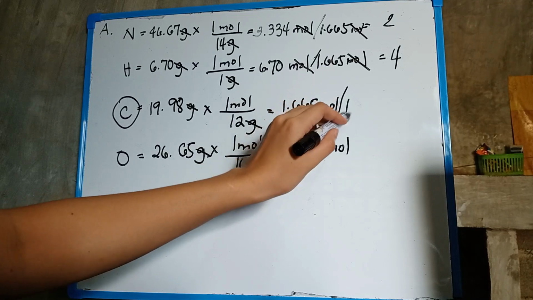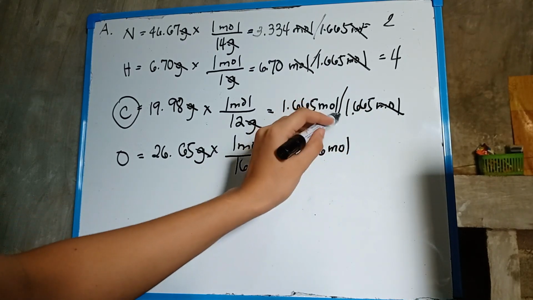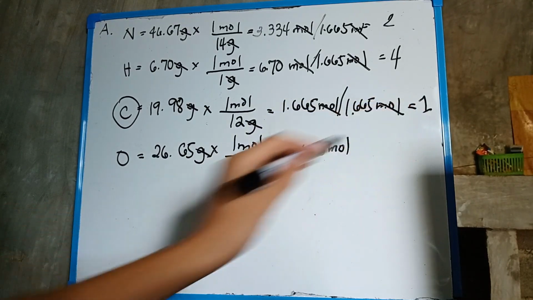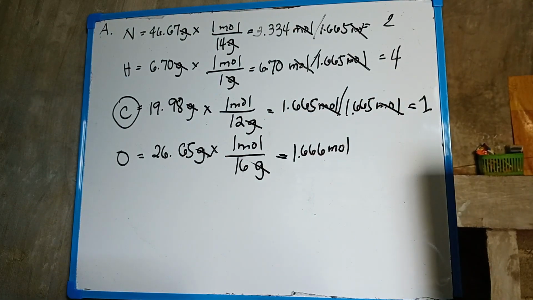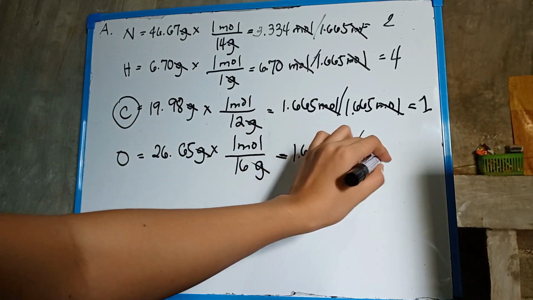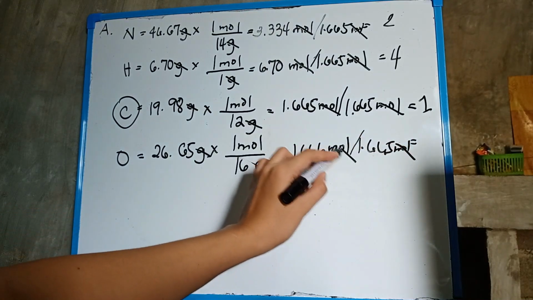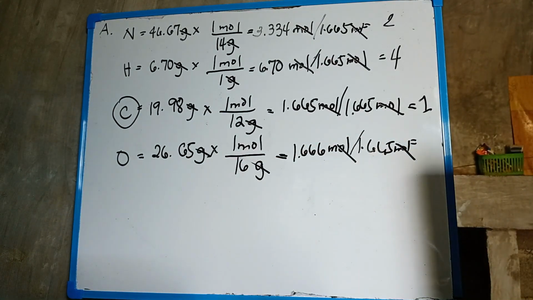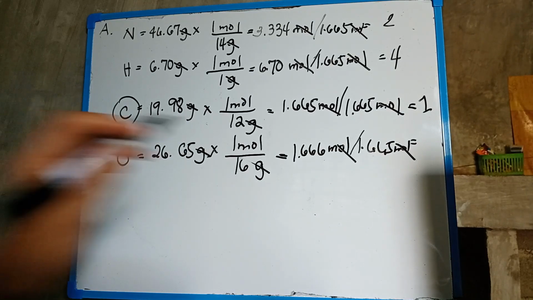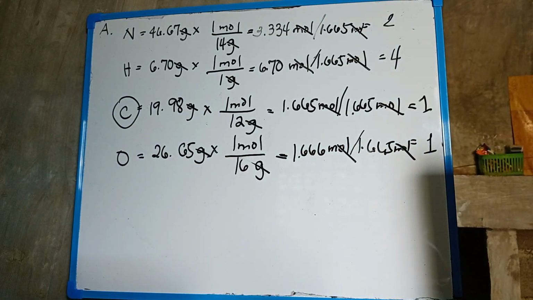Carbon, 1.665 divided by 1.665, is equivalent to 1. And oxygen, 1.666 divided by 1.665, the units cancel out again, is also equivalent to 1. We just divide, and we now have the subscript of each element.